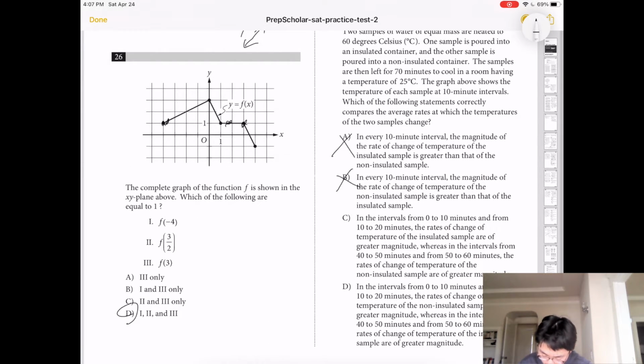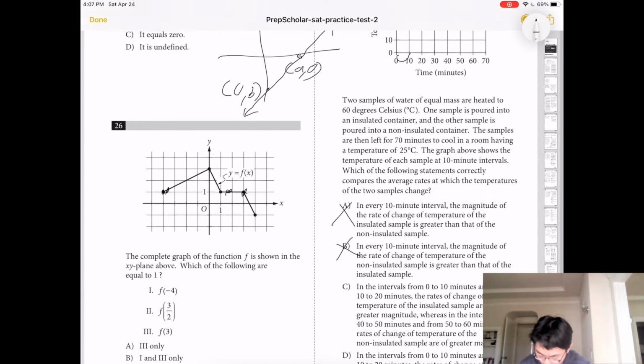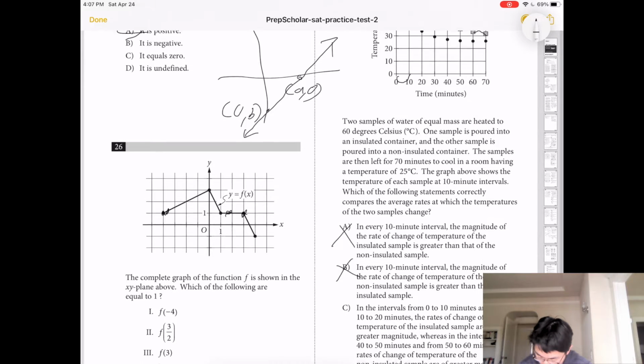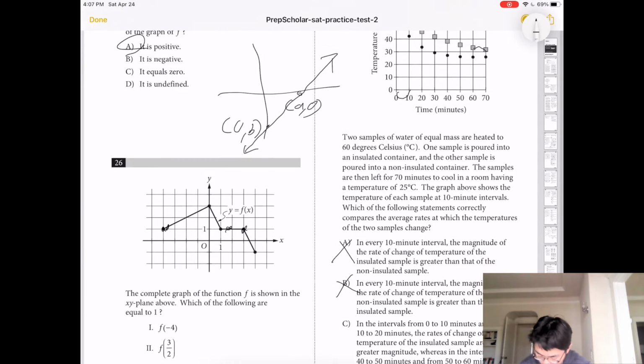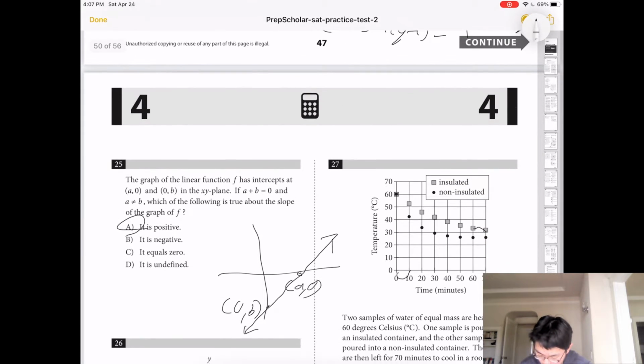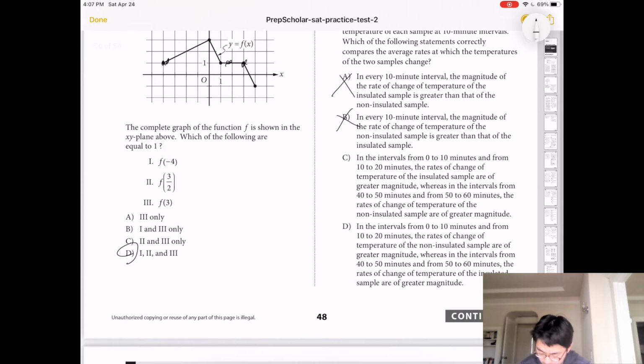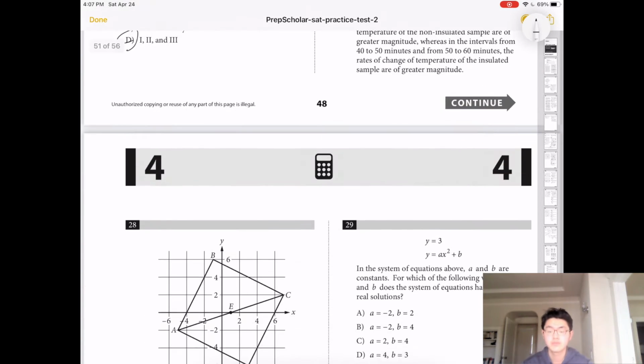So these aren't right. From interval 0 to 10 and from 10 to 20, the rates of change of the insulated samples are greater in magnitude. That is false. It's the opposite. So the answer has to be D.